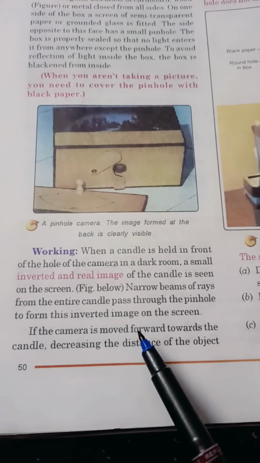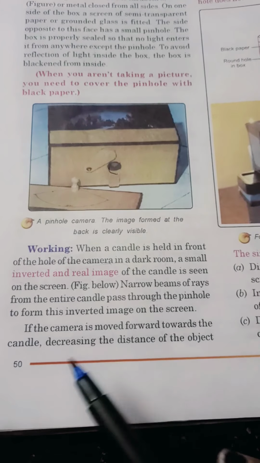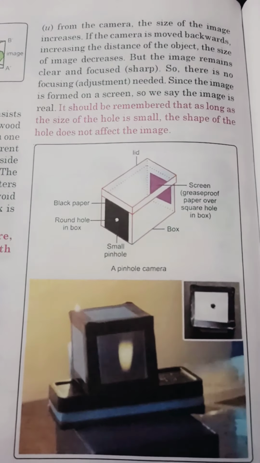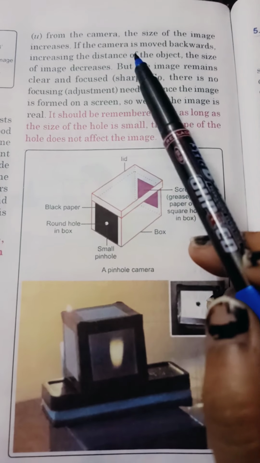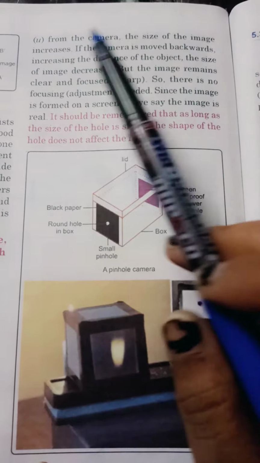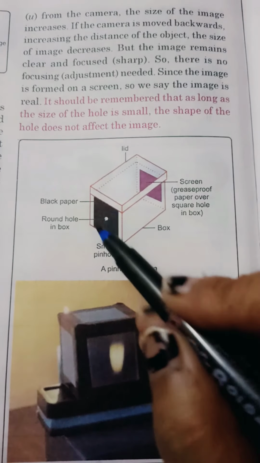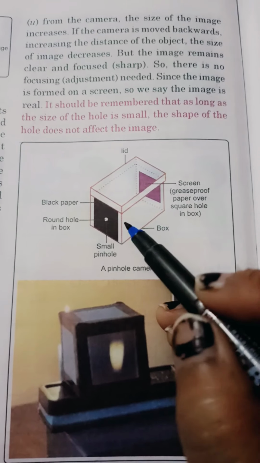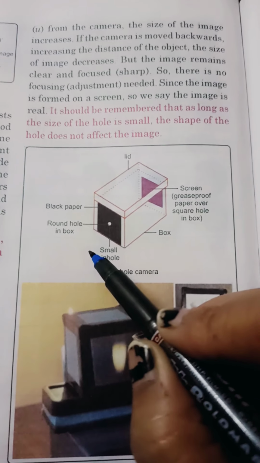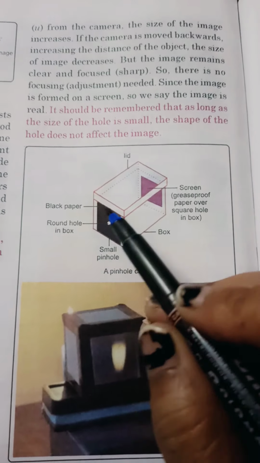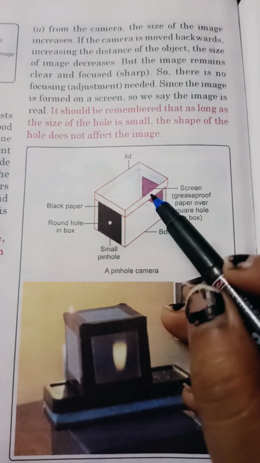If the camera is moved forward towards the candle, decreasing the distance of the object from the camera, the size of the image increases. Now just consider this is a pinhole camera, and earlier the candle was placed over here, so the image would have formed over here, right?